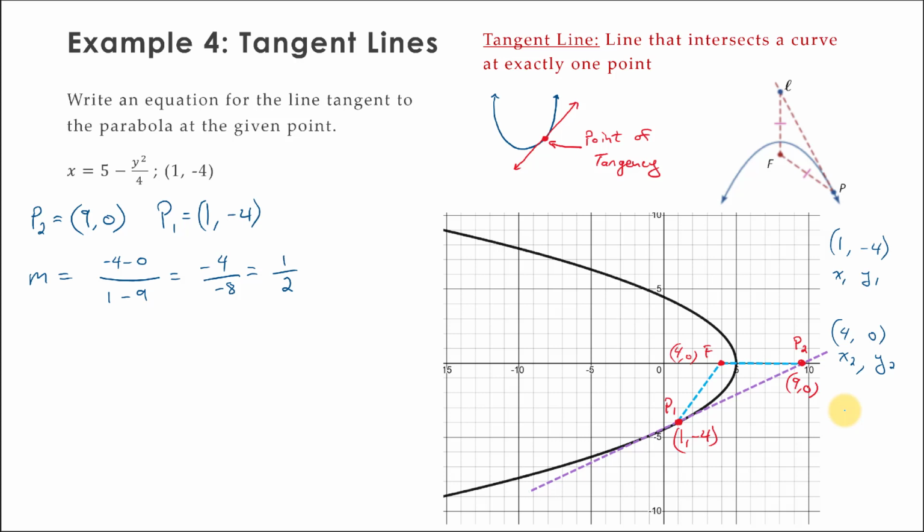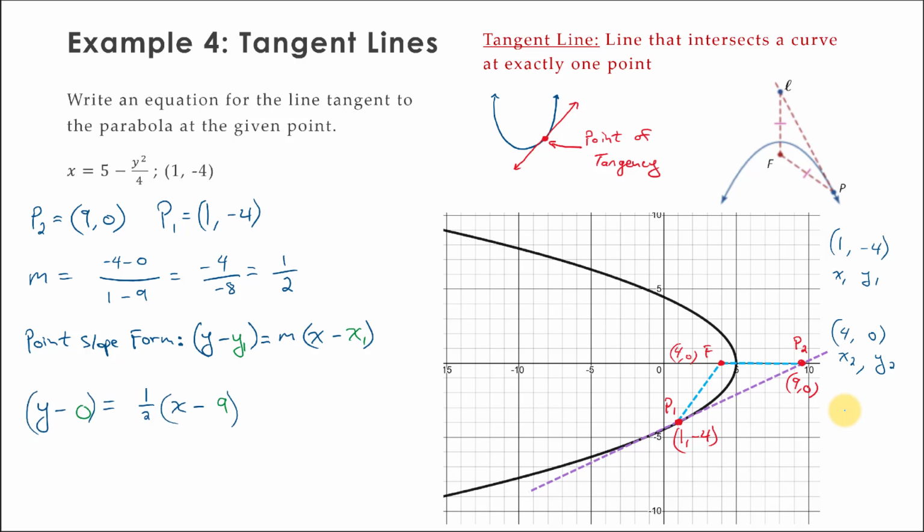So now I can go ahead and use point-slope form since I have 1 point and the slope, and I can go ahead and plug in. Doesn't matter which point I plug in, but I'm going to use 9, 0. So I've got y minus 0 equals 1/2 times x minus 9, and then I can go ahead and solve for y, and I get the equation for the tangent line on this parabola at the given point.